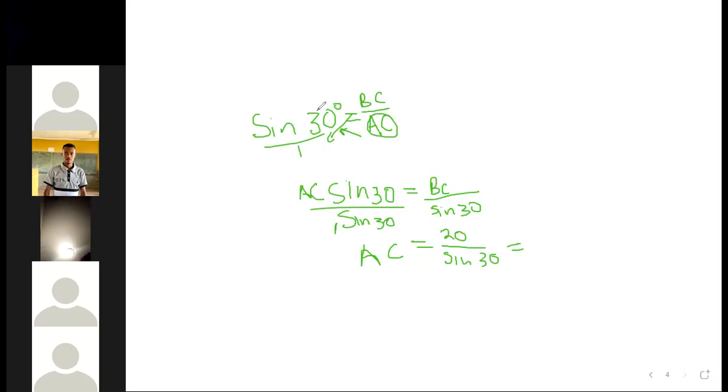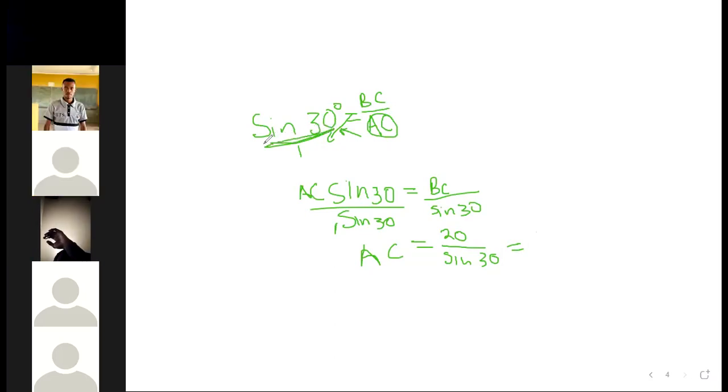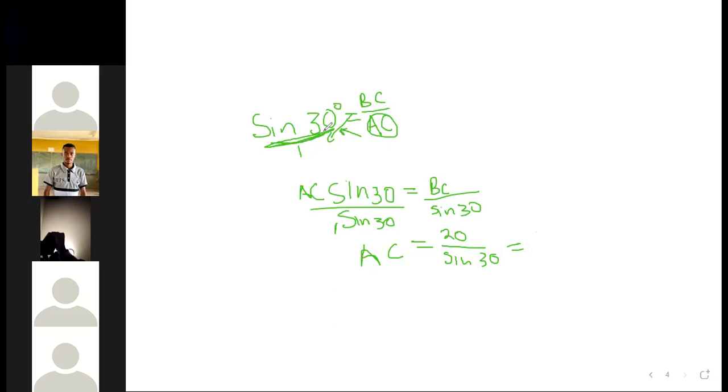Because sine 30 is one thing, it goes together. It's its own ratio on its own, so you cannot separate it. Are we good? Yes, thank you. So the answer is 40.